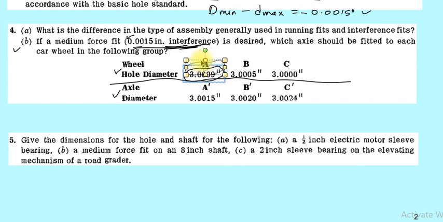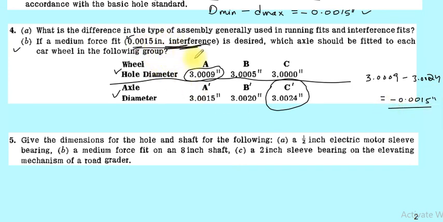A का कम्बिनेशन जो है, जो होल A में है उसका कम्बिनेशन जो है ये C' के साथ बनेगा, राइट. वाई? बिकॉज अगर आप होल 3.0009 में से 3.0024 को माइनस करें, सो ये आंसर विल बी -0.0015, जो कि आपको इंटरफेरेंस चाहिए एज इन द स्टेटमेंट. सो सिमिलरली यू हैव टू सी कि ये B किसके साथ जाएगा और ये C जो है वो किसके साथ पेयर होगा.